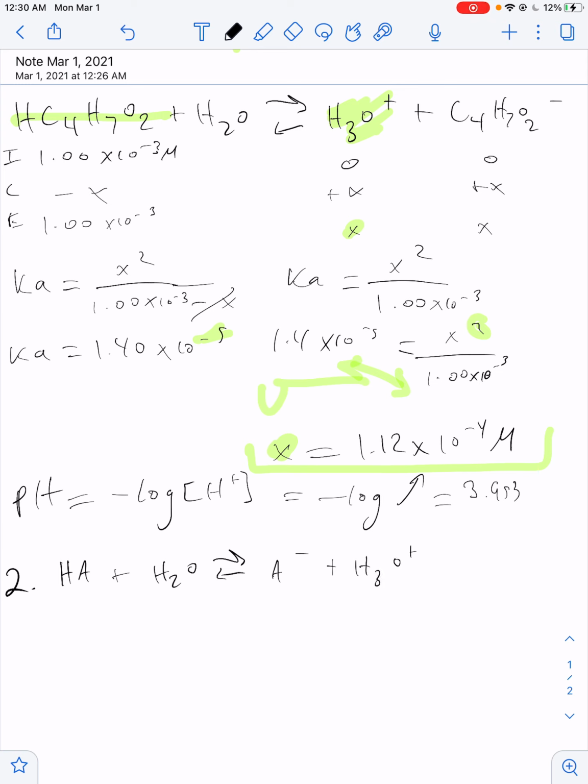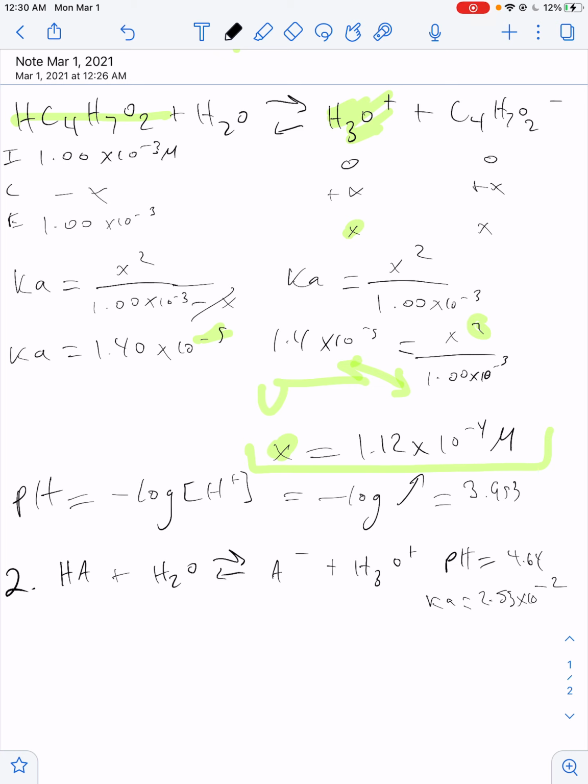What are we given? We're given pH equals 4.64. We are not given H3O plus. And we have Ka equals 2.53 times 10 to the negative 2.